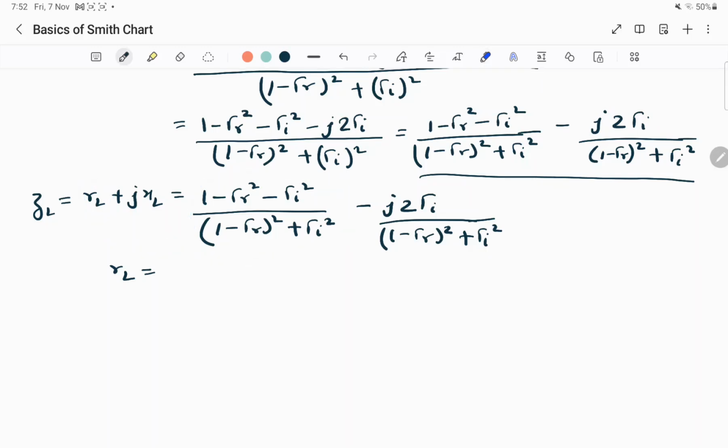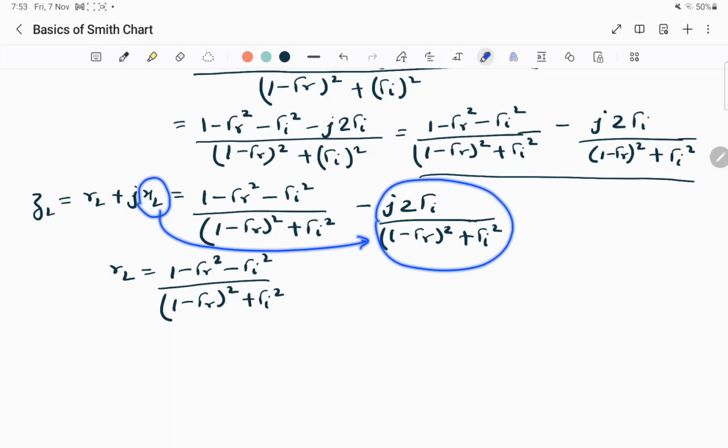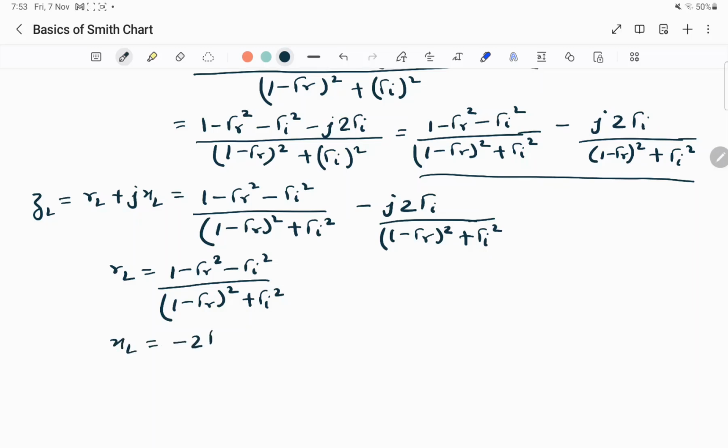That is why RL is equal to (1 − Γr squared − ΓI squared) divided by (1 − Γr) whole squared plus ΓI squared. Similarly, the imaginary part XL is equal to this imaginary part. Therefore, we can write XL is equal to minus 2ΓI divided by (1 − Γr) whole squared plus ΓI squared. I am naming this equation as small a and this equation as small b.